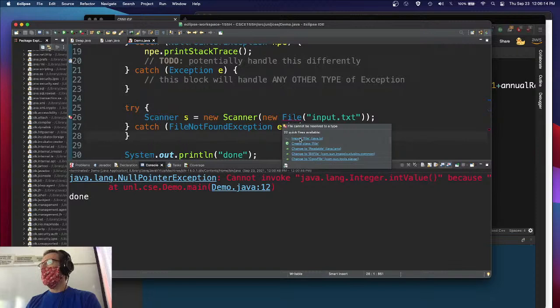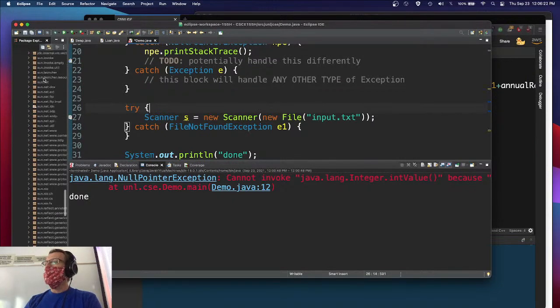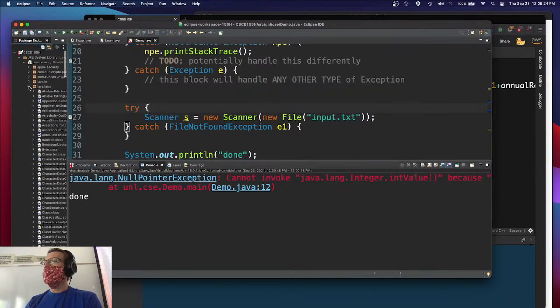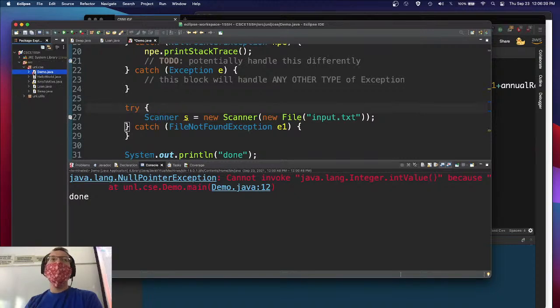We'll get to file IO later, but this is a scanner. I'm opening the scanner up to read from this input file called input.txt. I don't think I have an input.txt file. I hope I don't. Nope, I don't have any files here at all. So if I tried to run this, I would get a FileNotFoundException.